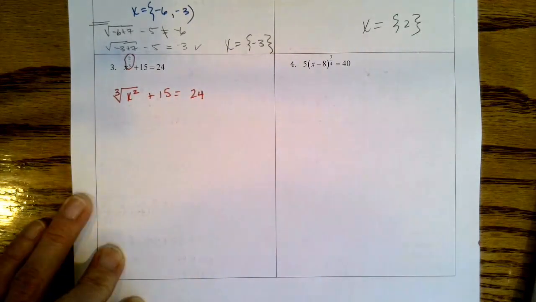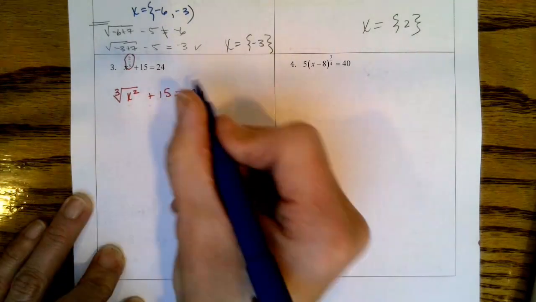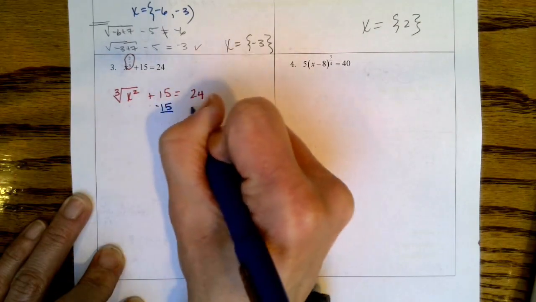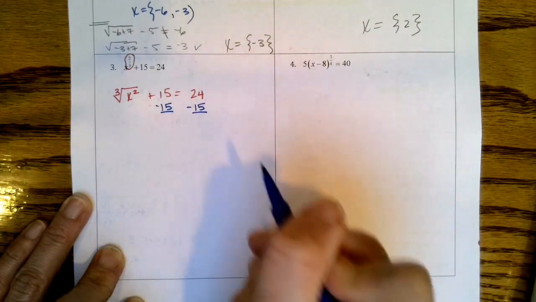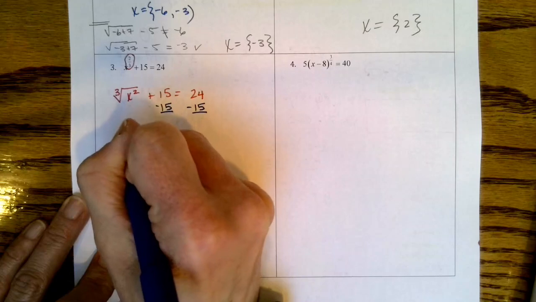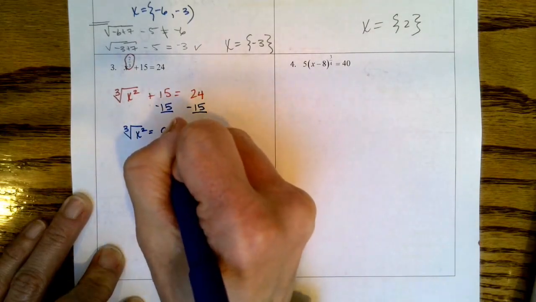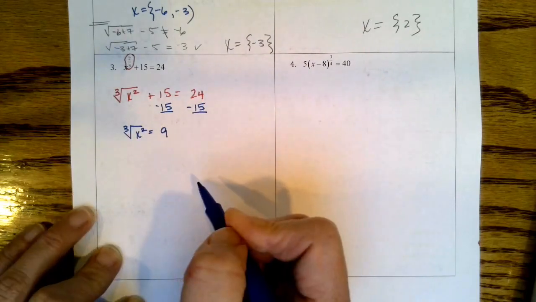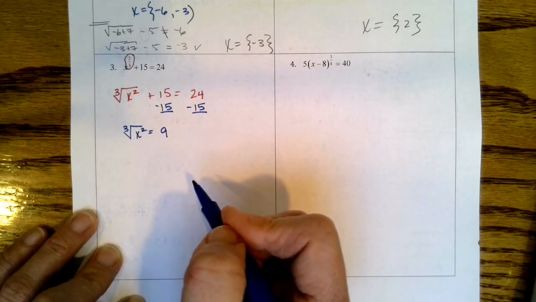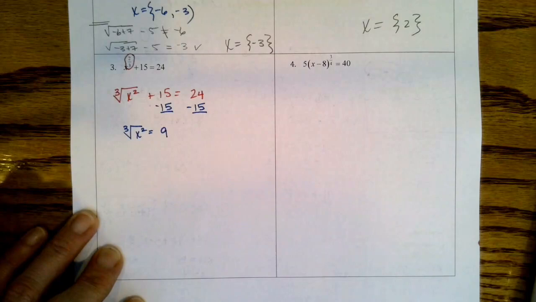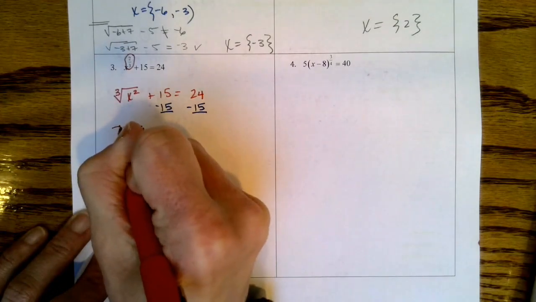Now we need to go ahead and subtract 15 to isolate our radical. So I'll subtract 15 from each side. So the cube root of x squared is going to be equal to 9. 24 minus 15 is 9. All right, our first step is to talk about this radical first.